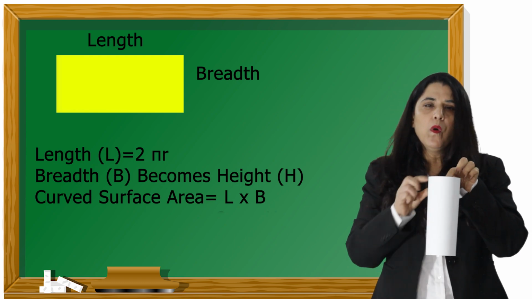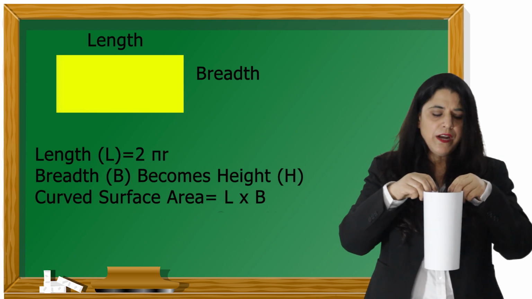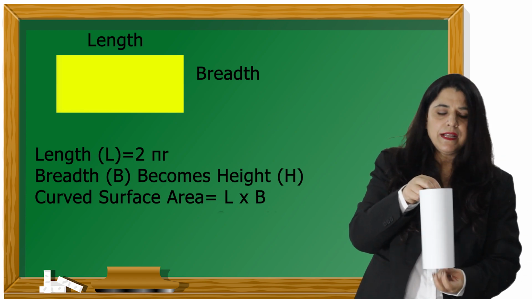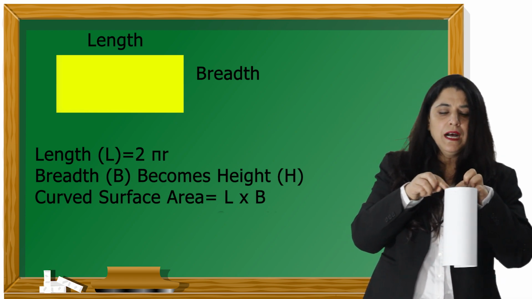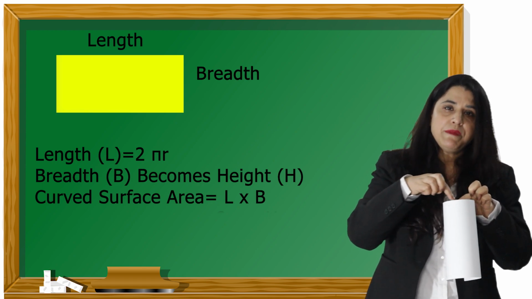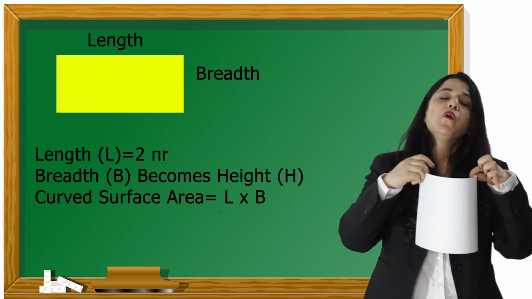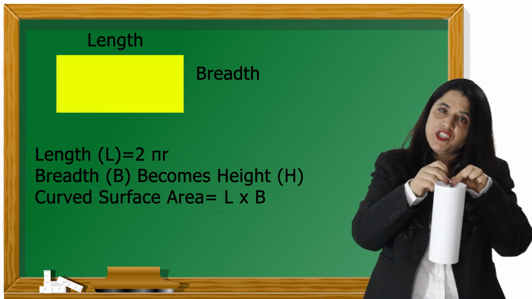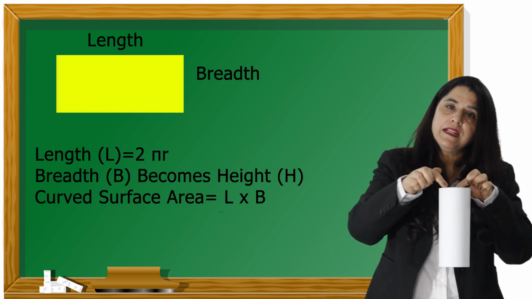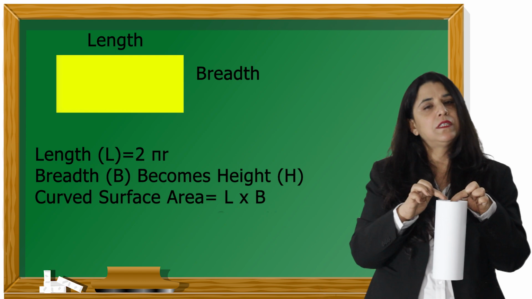Now what has happened when I am folding it across the length, child? What has the length taken? The shape the length has taken is a circle. And if this length was 5 centimeters or 8 centimeters or whatever, it has taken the shape of a circle and changed to the perimeter of a circle.